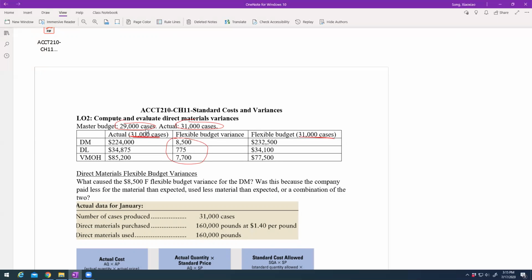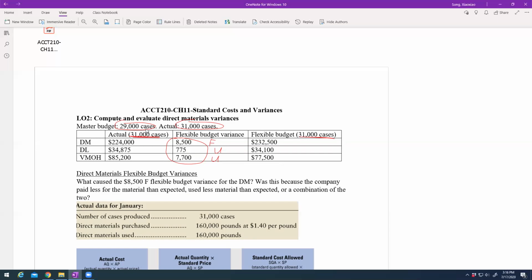For the direct material, we have this $8,500 favorable, and for the direct labor, our actual is more than the budget, so we have the $775 unfavorable because we are talking about cost. Higher number means more cost, so you have the unfavorable effect on your operating income.